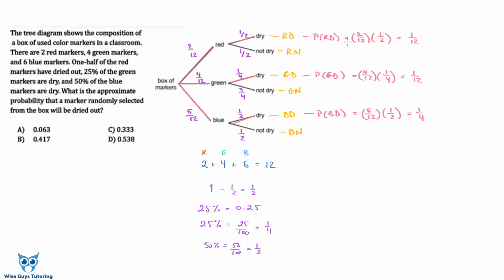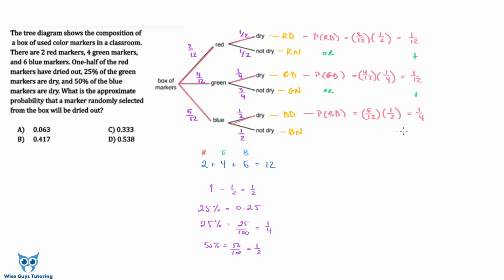But when we have 3 paths that meet our condition, because it asks what is the probability the marker will be dry, it could be red and dry, green and dry, or blue and dry. So whenever you see "or", that means you need to add their probabilities, okay? Because all 3 of them match my condition of being dry. This one, or that one, or that one. So that increases my chances.